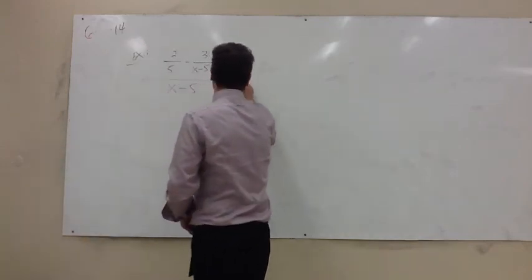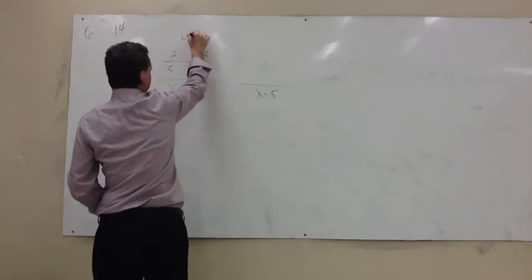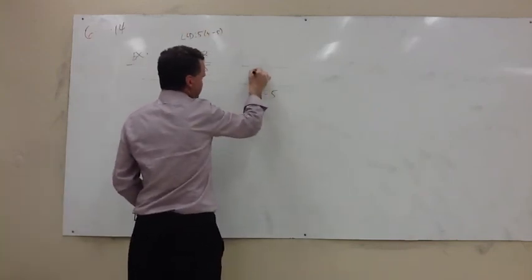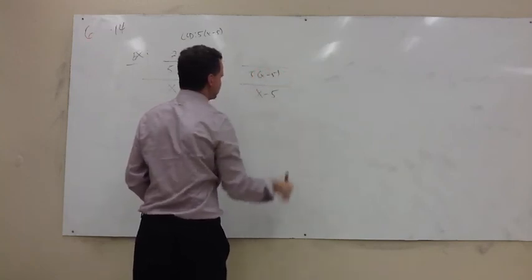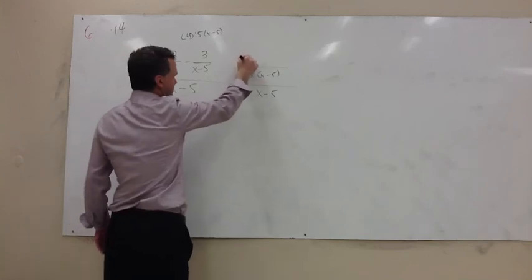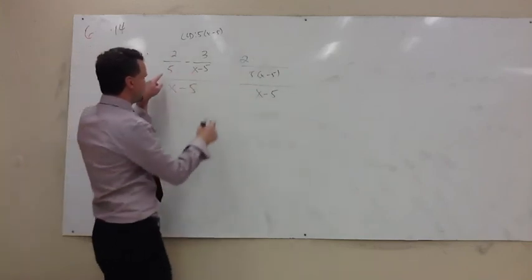So, in the numerator, the least common denominator is 5 times the quantity x minus 5. So in the denominator, you want a 5 times x minus 5 for that fraction. The first term had a 2 in it, and it needs the x minus 5.